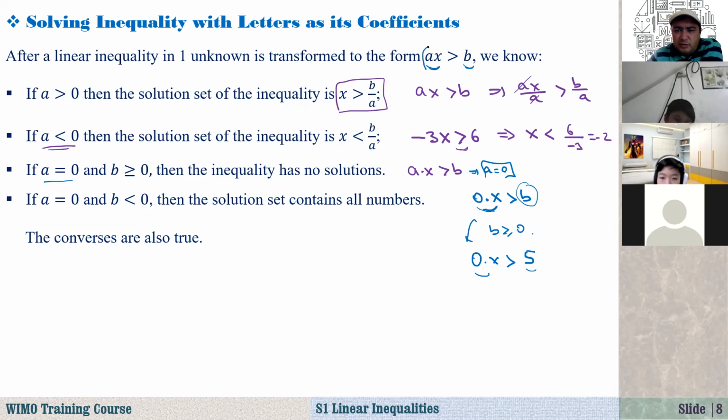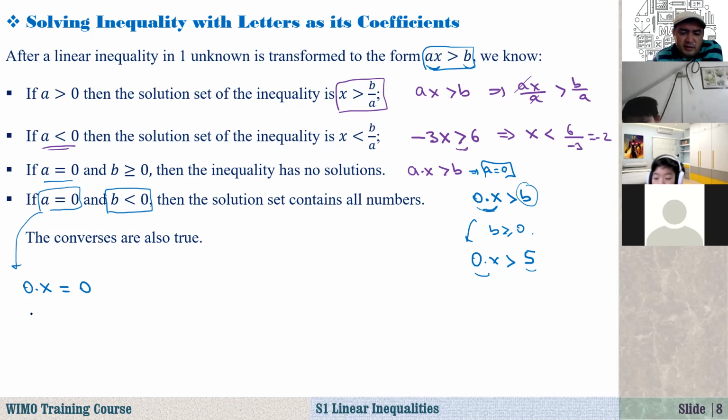Anyway, if you are given this inequality, ax is greater than b, and if a equals 0, which makes the left-hand side 0, and b is less than 0, that means on the right we have a negative number, then the solution set contains all the numbers. Why? Because on the left we have 0, right? a equals 0 means 0 times x, that's equal to 0.